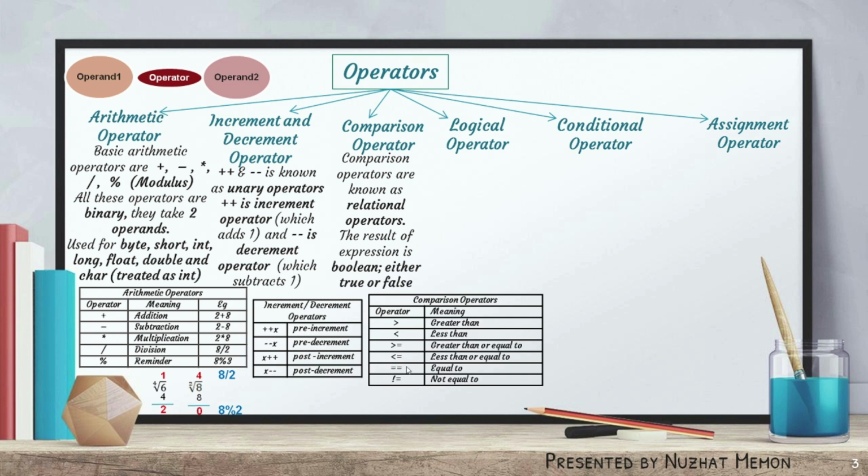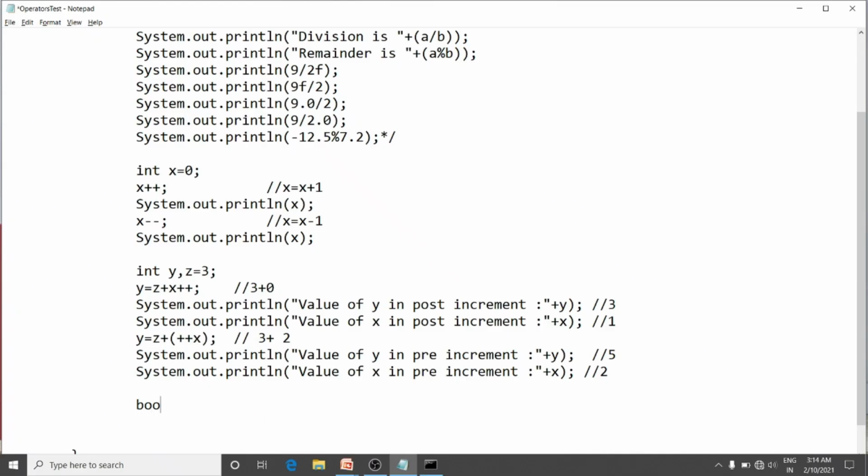So here I will show this thing practically. Boolean and then variable name, you can take anything. Right now I am taking variable name as check. Here I am taking boolean because comparison operator returns boolean value, that is either true or false. And here I am writing check assignment operator x equal to 2.